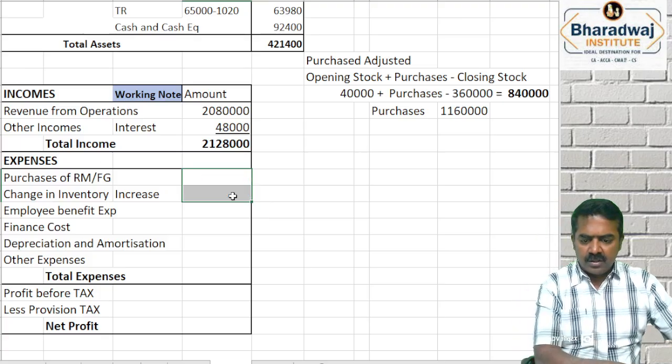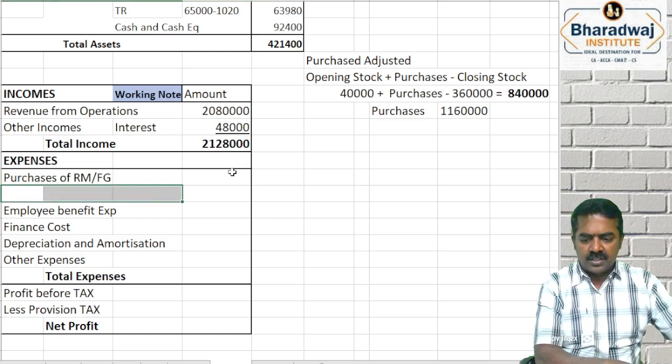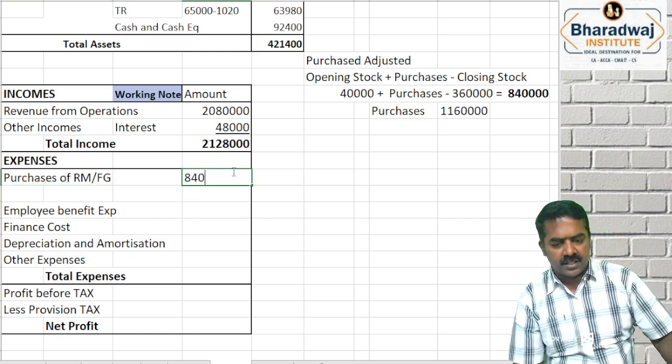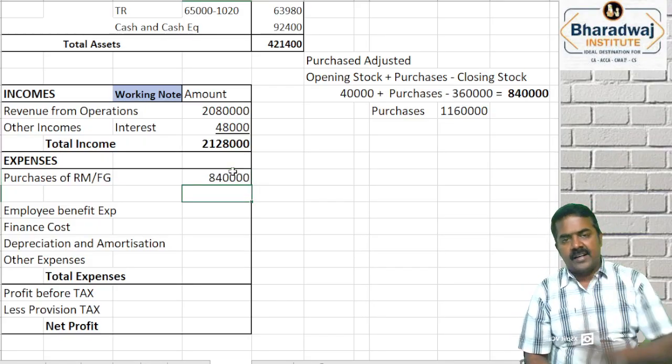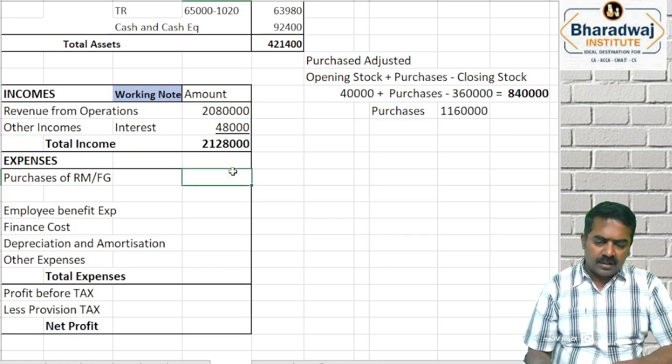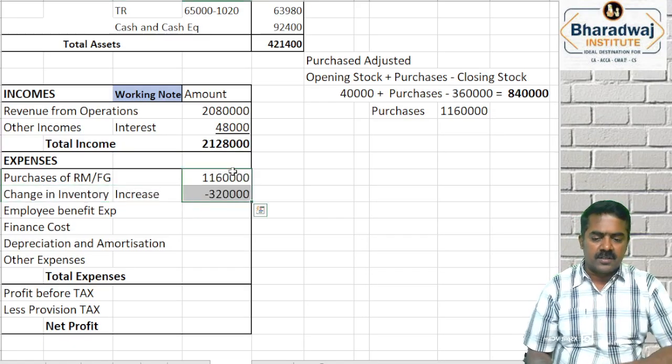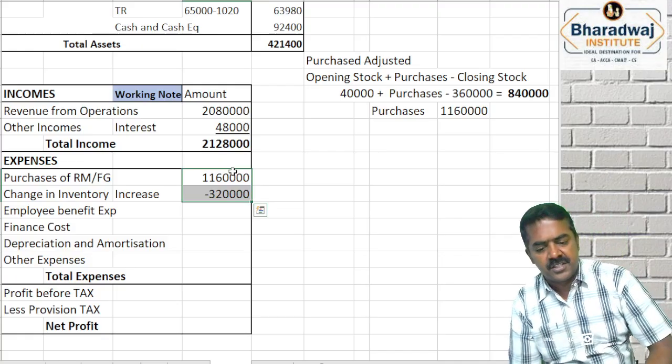8,40,000. So instead of putting these two, if direct adjusted purchase is given, ignore the change in inventory because it has already been adjusted. Directly you can take 8,40,000. Option 1, you can directly take 8,40,000. Option 2, you work out the gross purchases, then record the change in inventory.